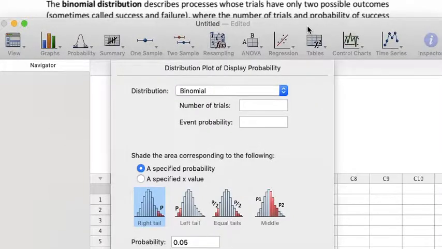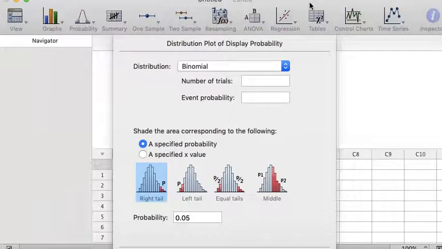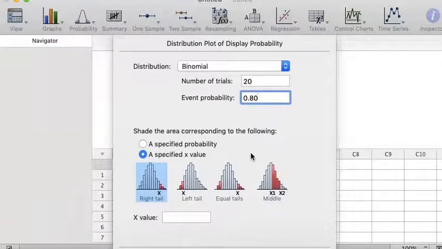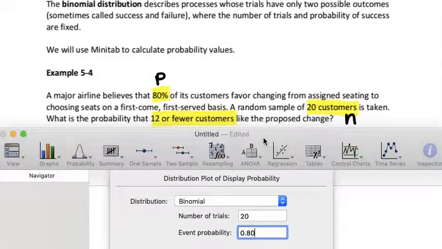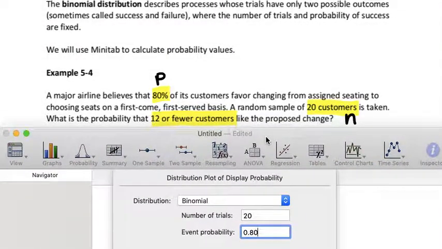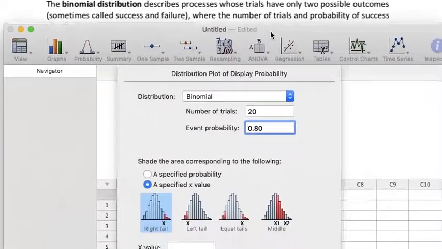And what I'm going to enter is number of trials. Now that's my total sample size, so that's going to be 20. My event probability was 80%, so 0.80. And we're going to change this from specified probability to specified x value. Now, the question was asking for the probability that 12 or fewer customers like the proposed change.